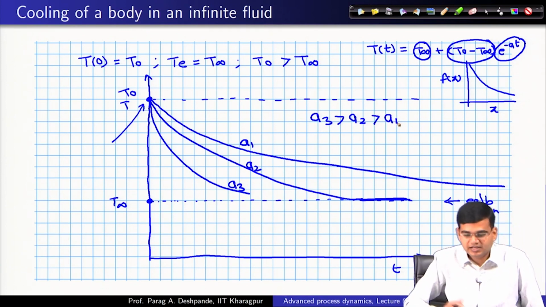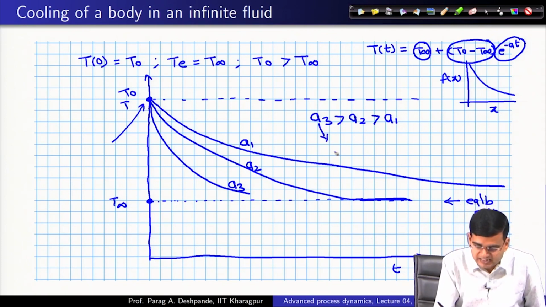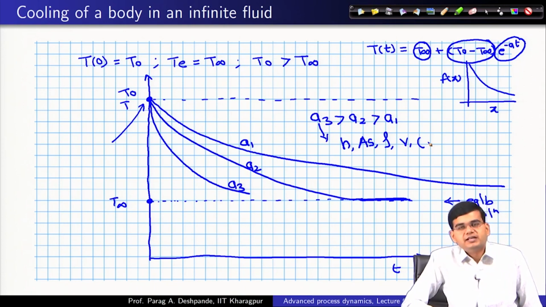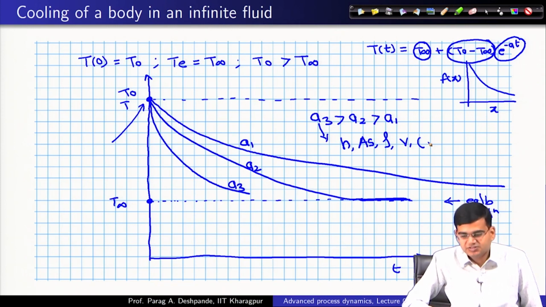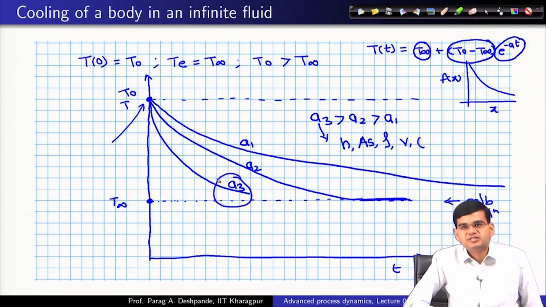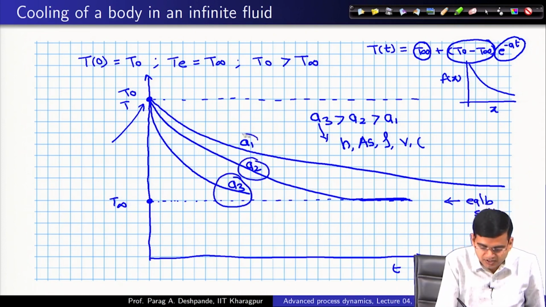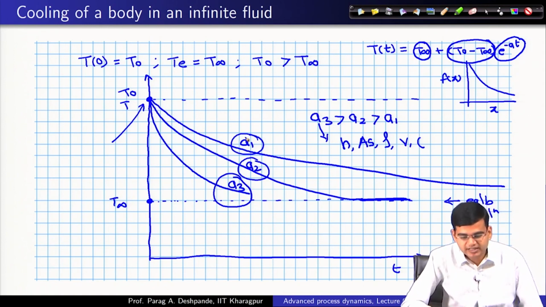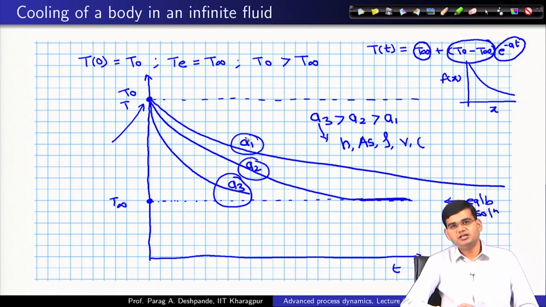Fine. And all of these a's are functions of heat transfer coefficient, surface area, rho, V, c and so on. So, now you can adjust the values of h, A s, rho, c, V and so on to get different values of a 1, a 2, a 3 and so on, and then you can determine how quickly or slowly your system will reach the equilibrium state, or go to T infinity.